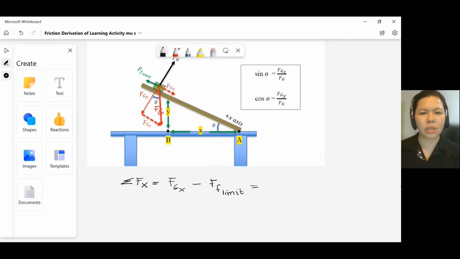So here our object is not yet moving, it is just about to move. So equals 0.